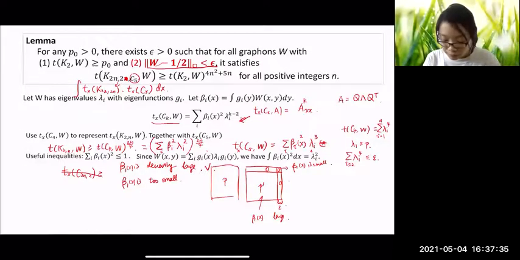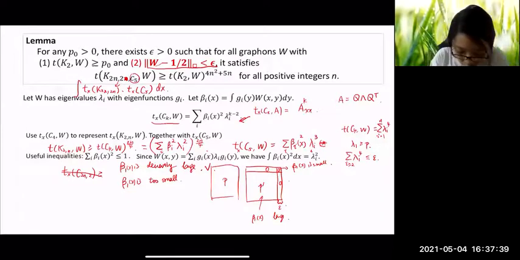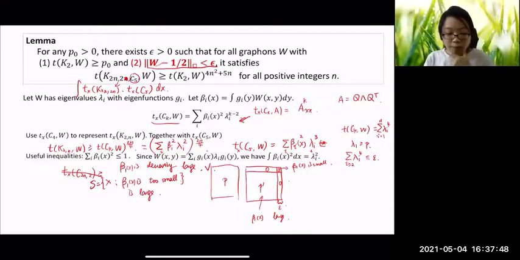But when the set of x such that beta 1(x) is small, let's call this set S, is large, then this motivating example tells us that we should go to the dense subset part, because we have lots of discrepancy in the edge weight.